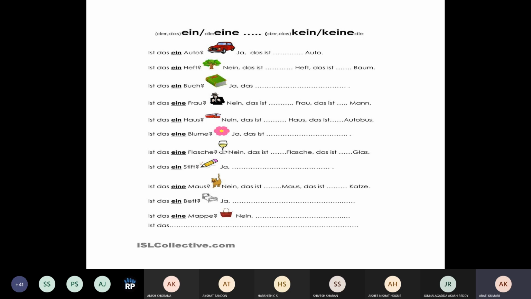Okay, let's move to the next one. Ist das ein Bett? Ja, das ist ein Bett. Okay. And ist das eine Mappe? Mappe means folder. And what do you see here? You don't see here a folder. What do you say?